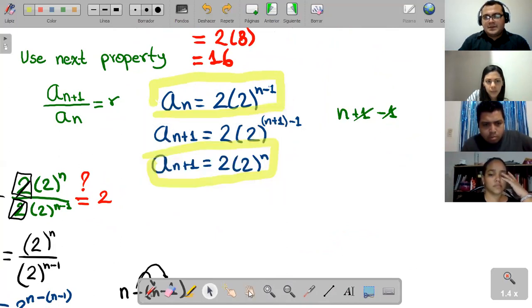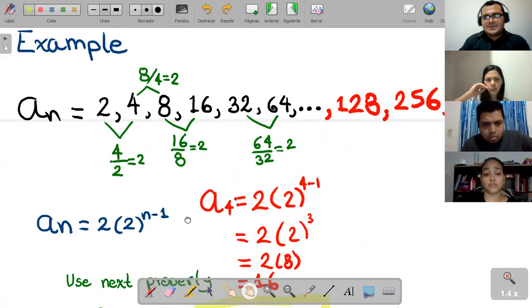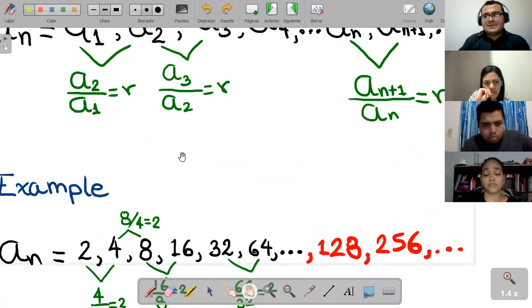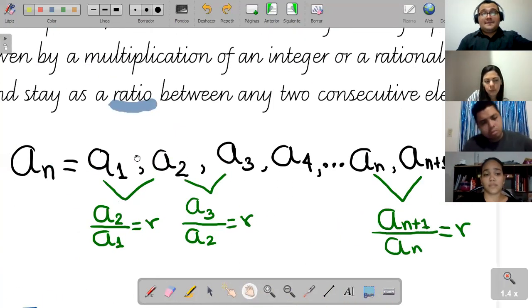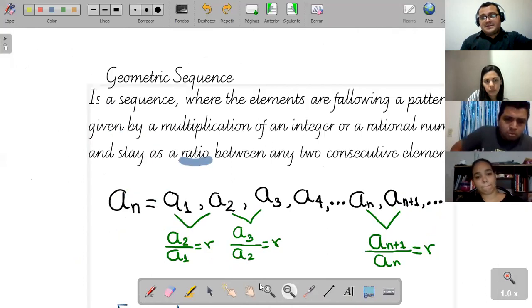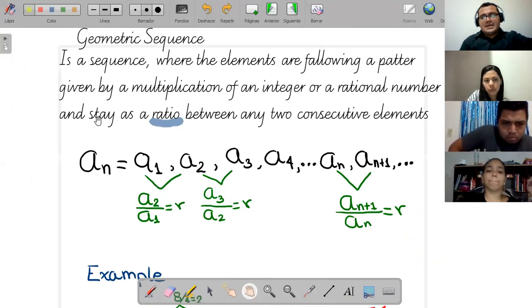And you just move. It's what we created from the beginning. We say it, the way to check if it's a geometric sequence is focusing on whether you always have a ratio between any 2 consecutive values.